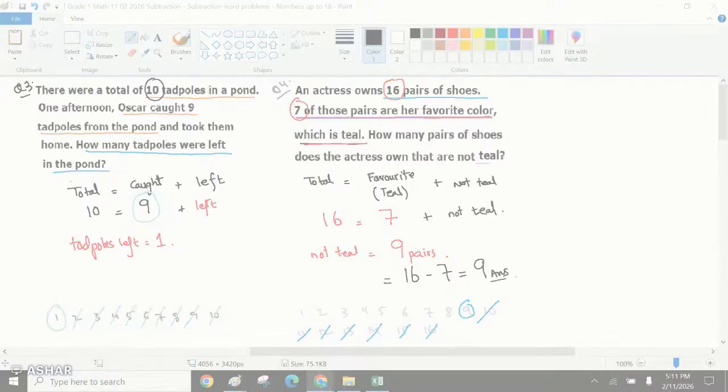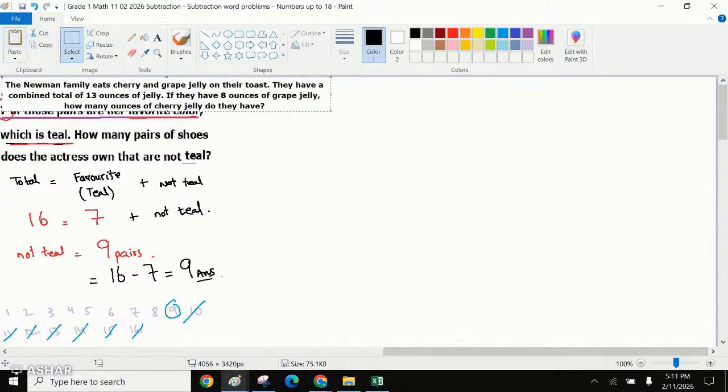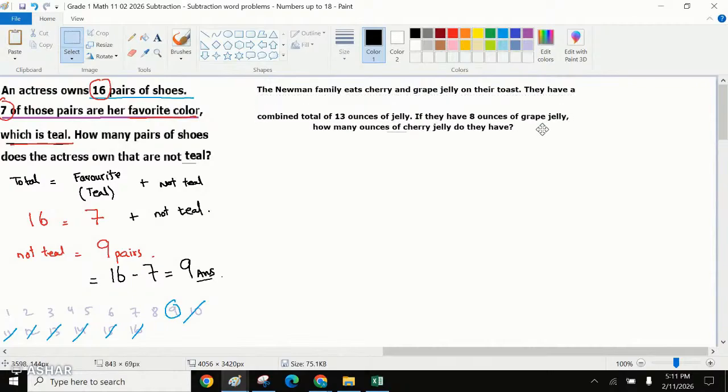The next question says, just a moment. The next question says, the statement, I hope I have enough space. Yes, I do. The Newman family eats cherry and grape jelly on toast.